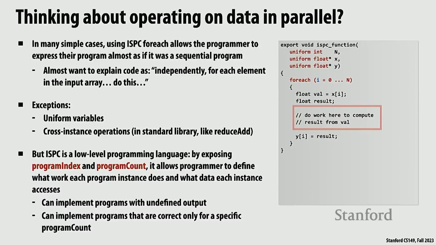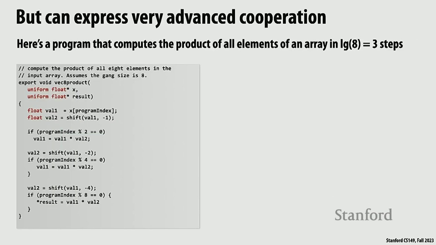Ispc, you go do it in parallel however you want. But Ispc has all these concepts in it, so we can do really advanced stuff. Here's an example of an Ispc program that computes the product of all the elements in an array. So given all elements of an array, compute their product. So one output.